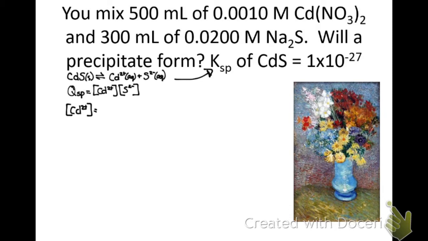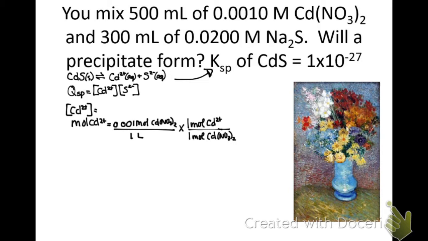To find the number of moles of cadmium, the moles of cadmium is going to be equal to 0.001 mole cadmium nitrate in 1 liter, times 1 mole cadmium ions for every 1 mole cadmium nitrate, times the 0.5 liters, 500 milliliters.